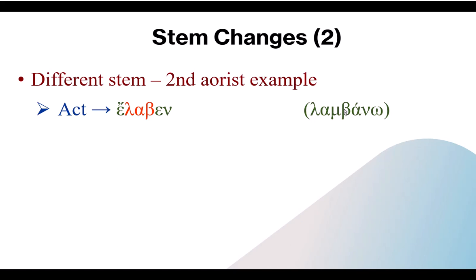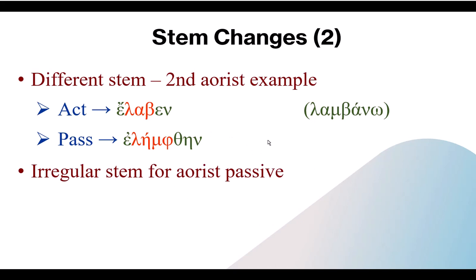And the second aorist has a different stem. Note for the passive, not only is the stem different, we have this phi jumping in there, and the alpha lengthening to an eta, but we also have the first aorist passive ending, the the. So there's sometimes not rhyme or reason to exactly how these things are formed, and we have to look at our principal parts in the lexicon to figure out the aorist passive.